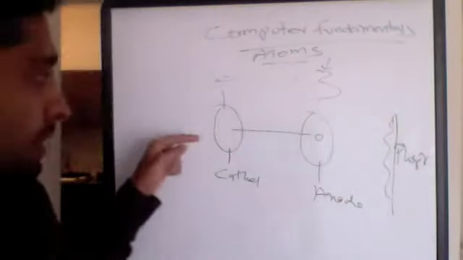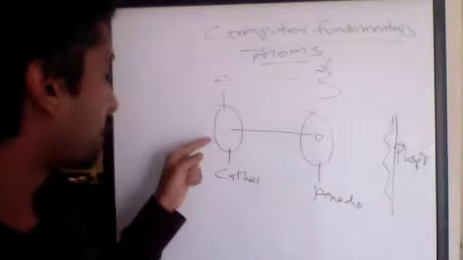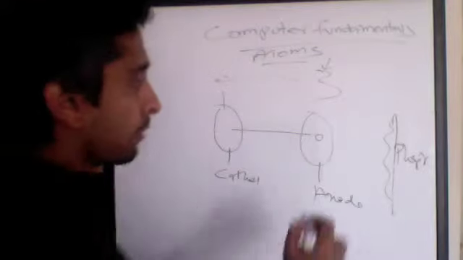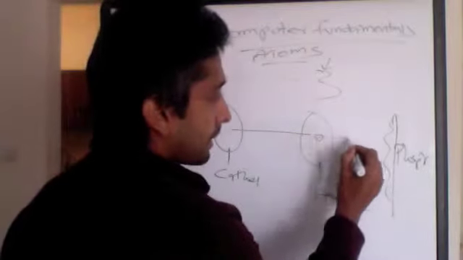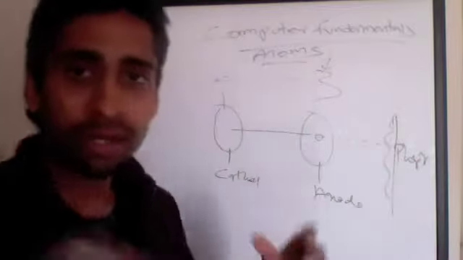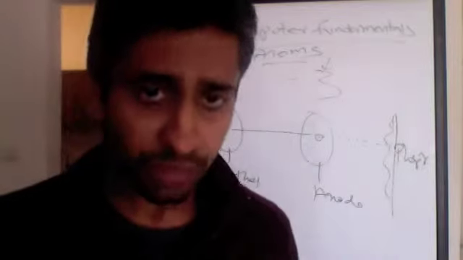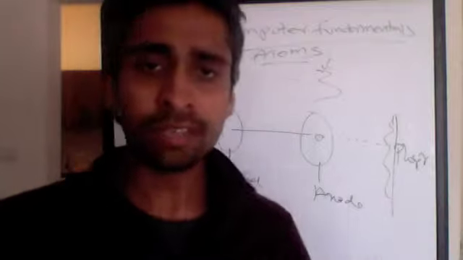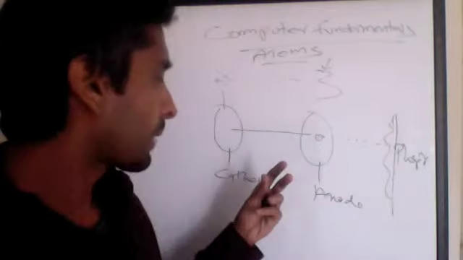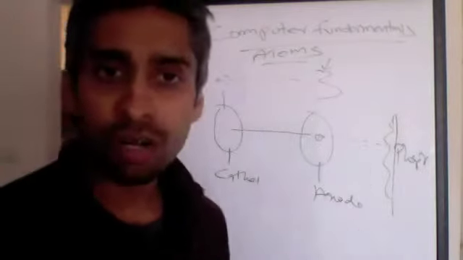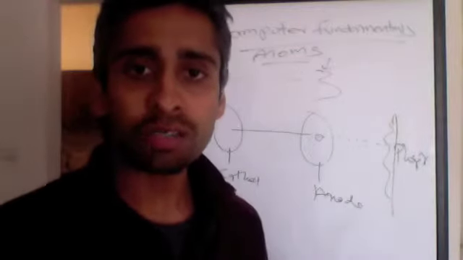What he saw was that the rays passing from the cathode to the anode went through this slit and hit the phosphor, and the phosphor glowed. Now he was very intrigued and wanted to understand what these rays are. Are they charged? Do they have mass?